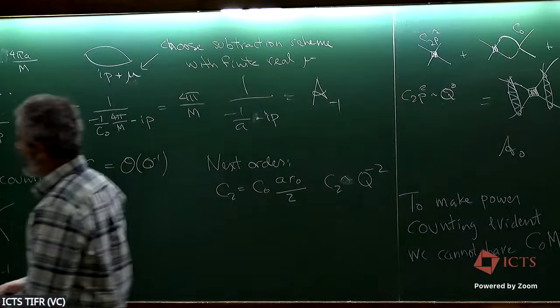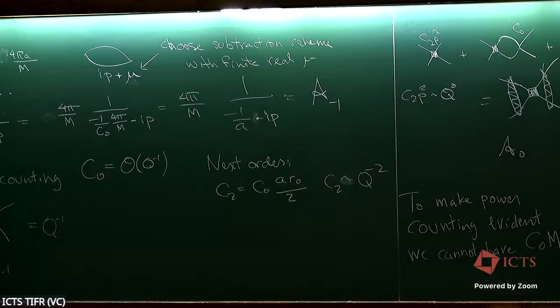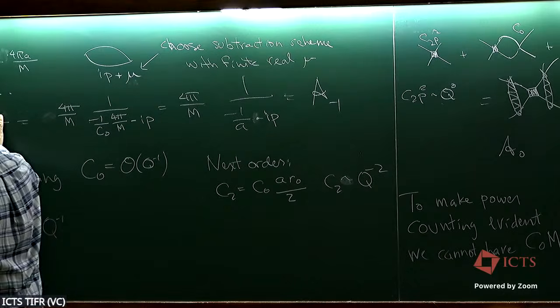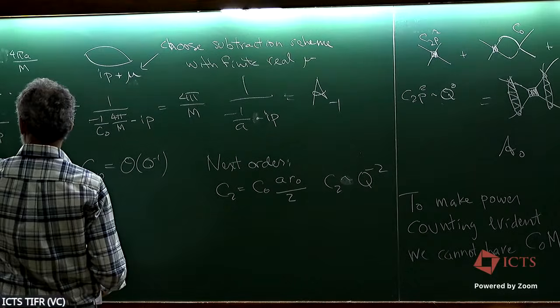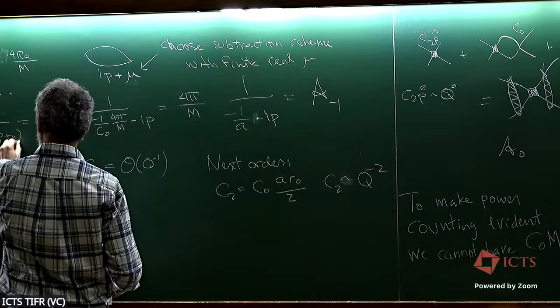We can now redo this sum, the bubble sum, this bubble sum here, and we won't get this answer anymore. We will get plus mu.